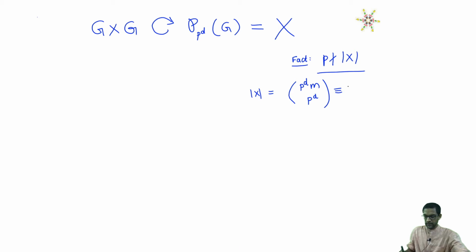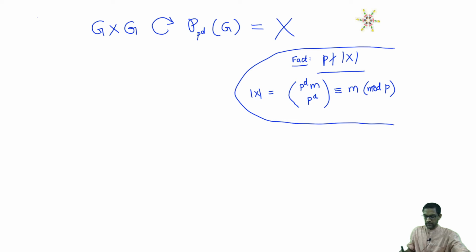And by our fixed point principle, we managed to show that this number is congruent to m modulo p, and since m is not divisible by p, the cardinality of X is also not divisible by p. So this was how we showed that X has cardinality which is not divisible by p.